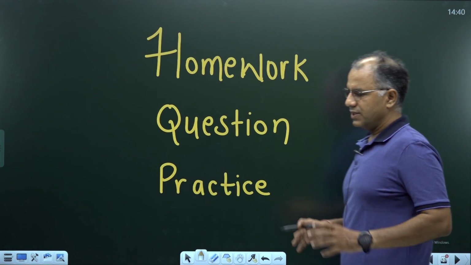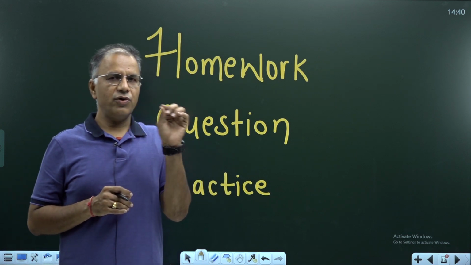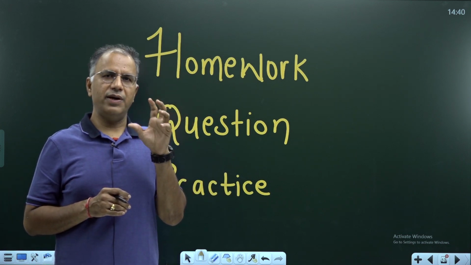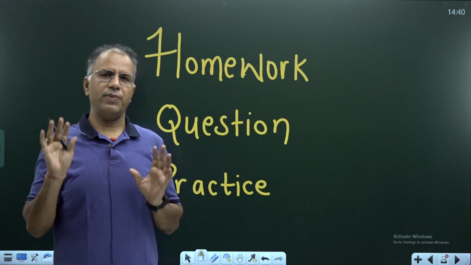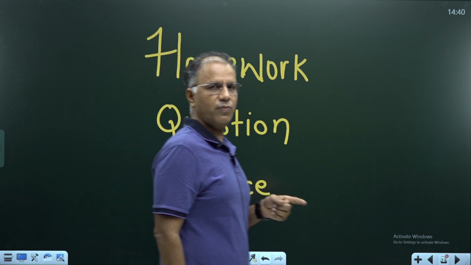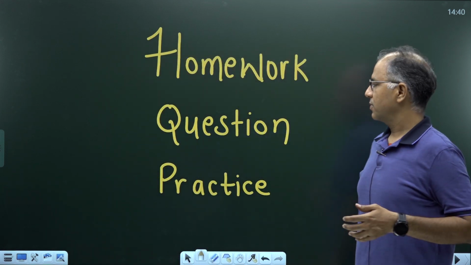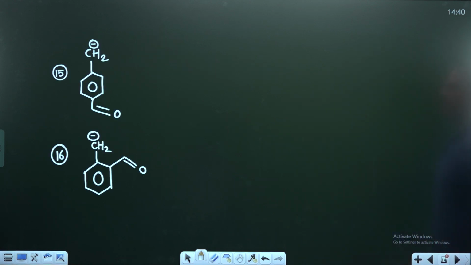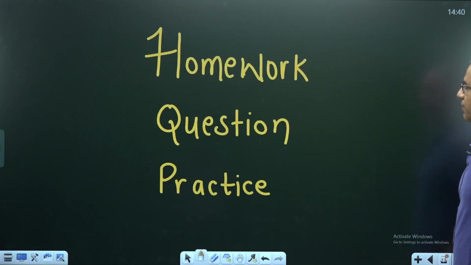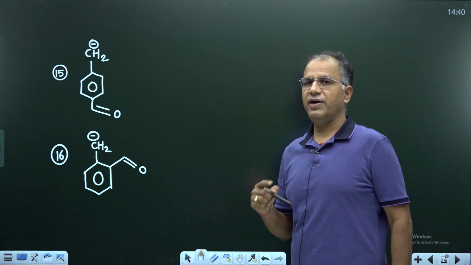Now I will give you some examples as homework. What you have to do? You have to draw all the resonating structures, then you have to draw the hybrid, and you will start drawing by lone pair to pi bond and pi bond to lone pair. Got it? First convert lone pair to pi bond and try to form a bond first. Don't try to break a bond. Try to make a relation, don't try to break a relation. Now write down all these examples. I will discuss the answers of all these examples in our next class.